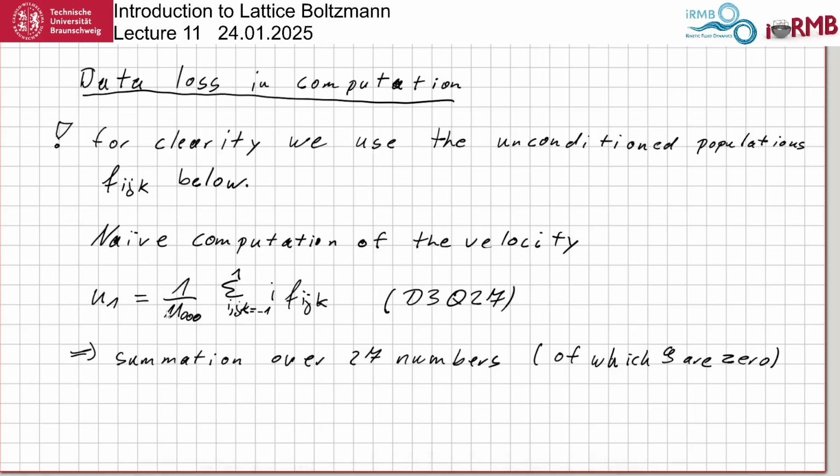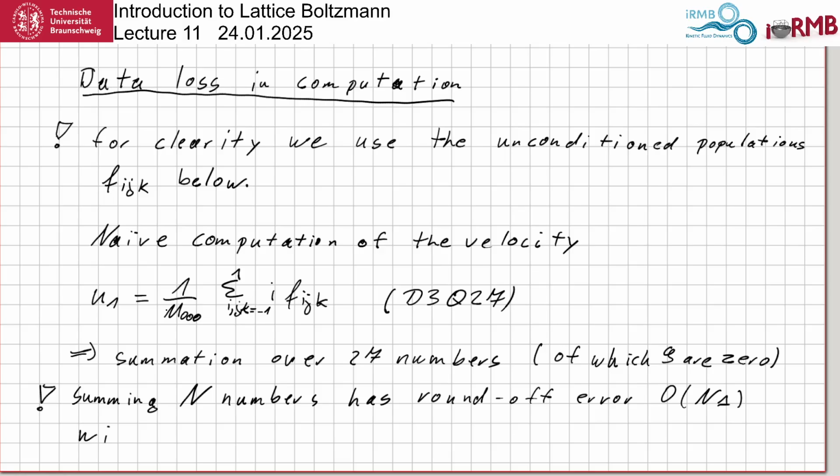However, otherwise, there are of course round-off errors. Summing n numbers has a round-off error of the order of n delta, where by delta we mean the value of the least significant bit.